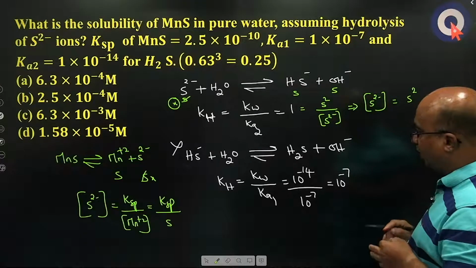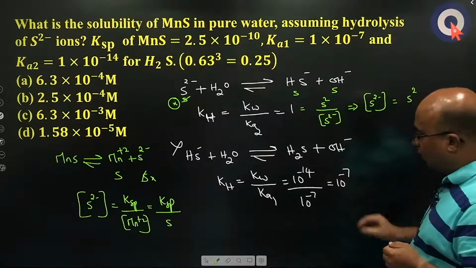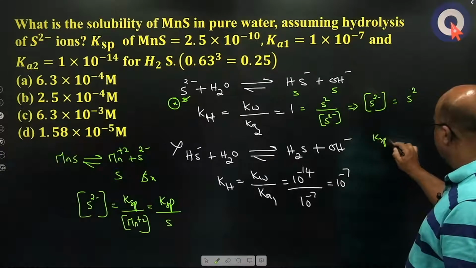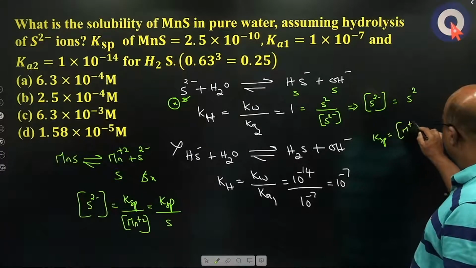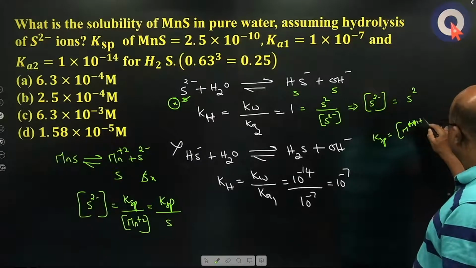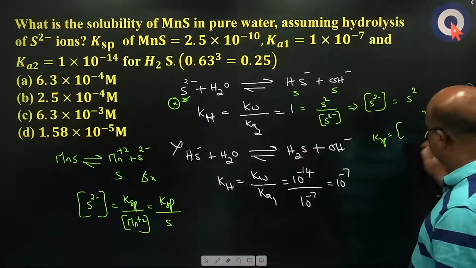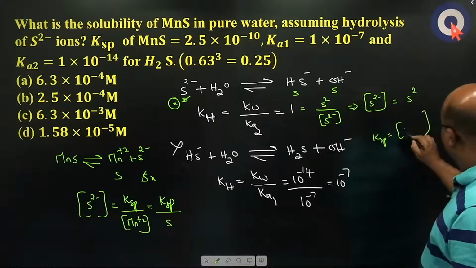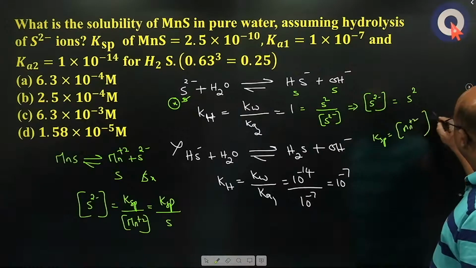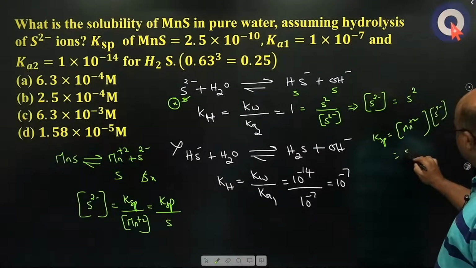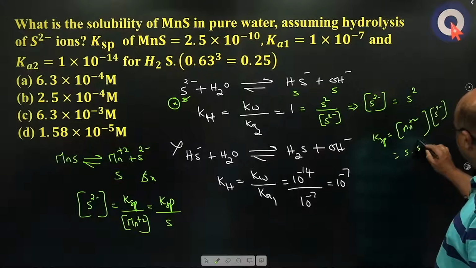So if you just write Ksp, what is Ksp? Ksp is again nothing but Mn plus 2 concentration into the sulfide ion concentration. So this is nothing but S, this is nothing but S square.